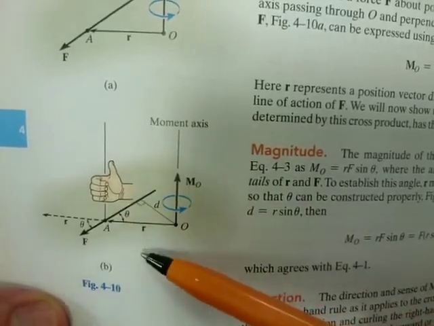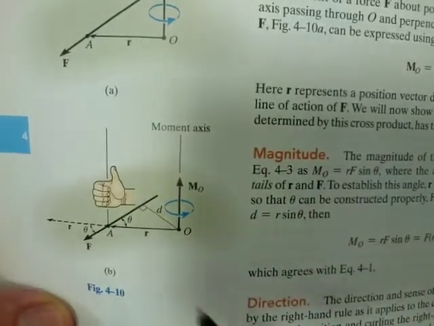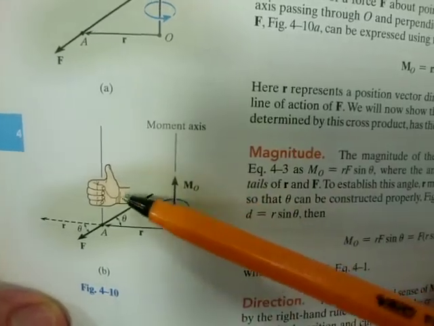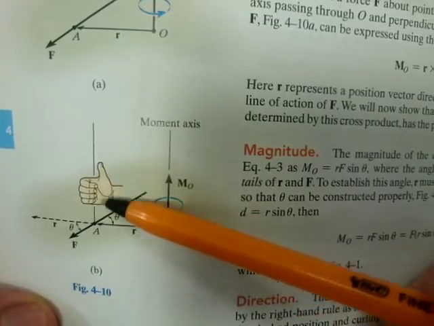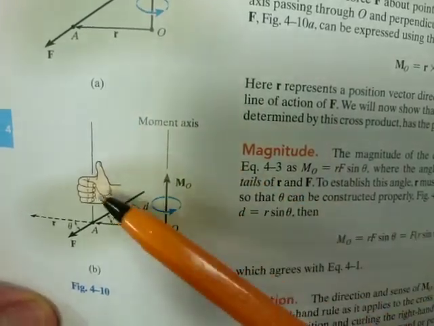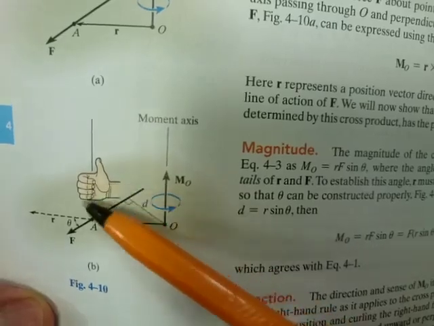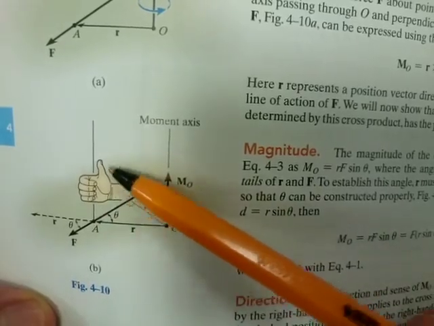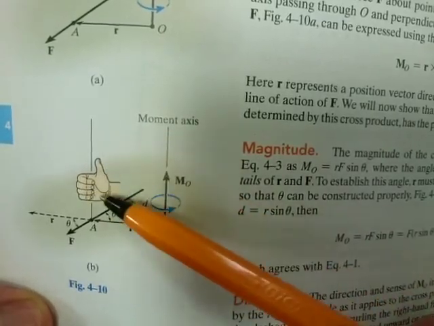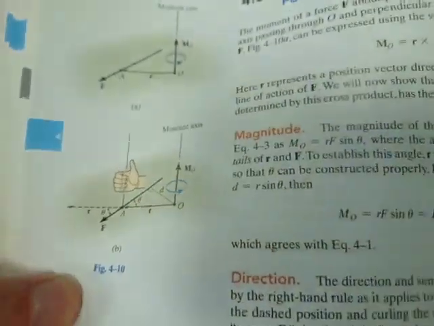So the direction of our moment will be in the direction of the thumb, and the fingers will give us the sense of rotation about the axis, which is along the direction of the thumb. So that is essentially what we will end up with.